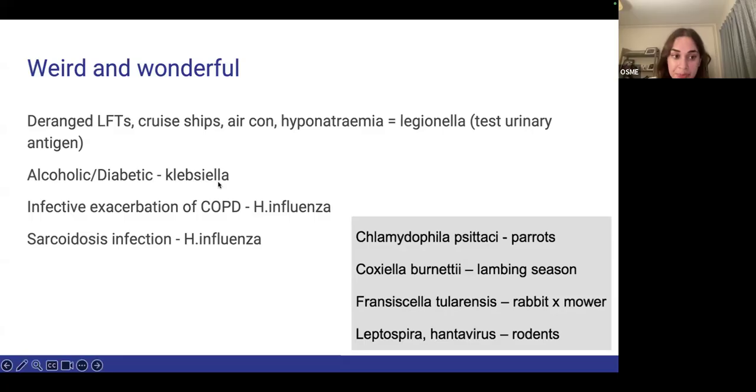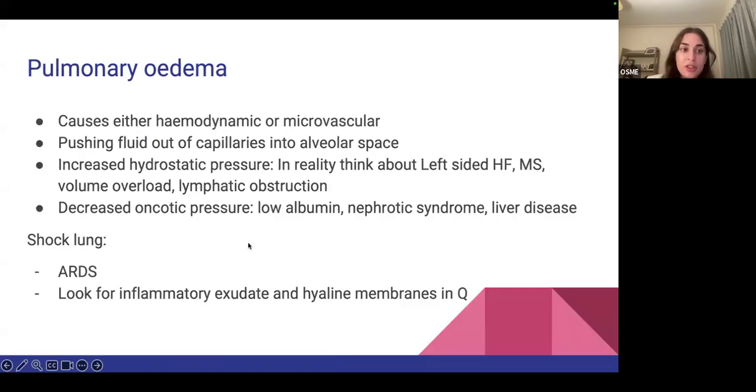It's Klebsiella. If it's an infective exacerbation of COPD, it's H. influenzae, and the same thing if they've got sarcoid and now have another infection on top of it, it's H. influenzae.